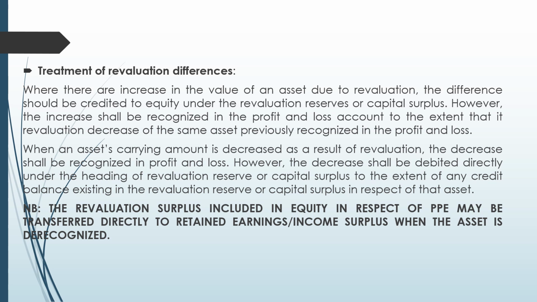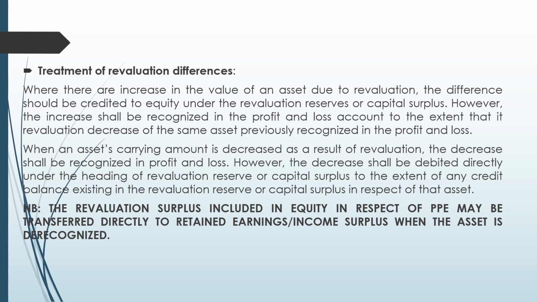So let's note this. The revaluation surplus included in equity in respect of PPE may be transferred directly to retained earnings or income surplus when the asset is derecognized. When we talk about derecognition, we are just trying to say that we are taking the asset off our books. So when we sell the asset, for instance, we have derecognized the asset, which means we no longer own the asset anymore.